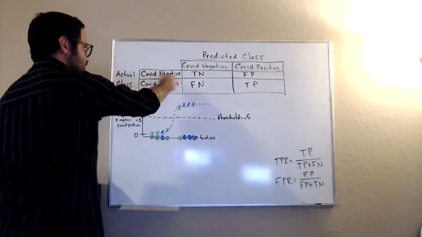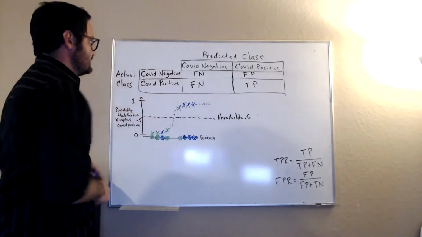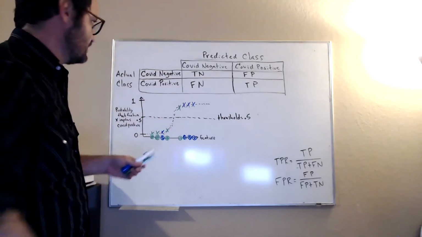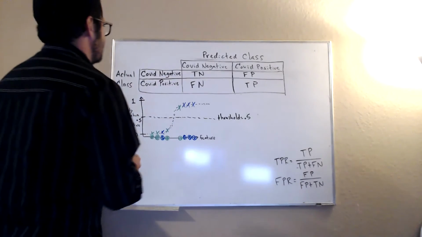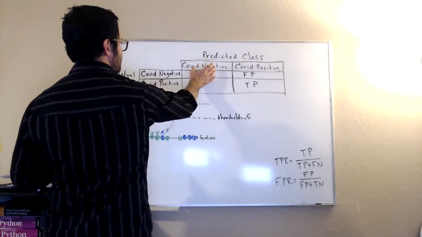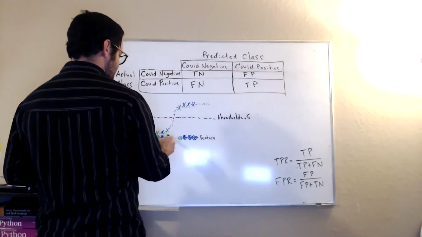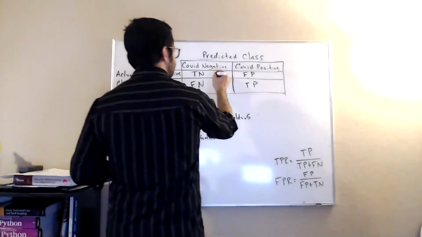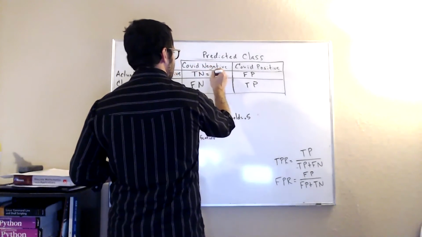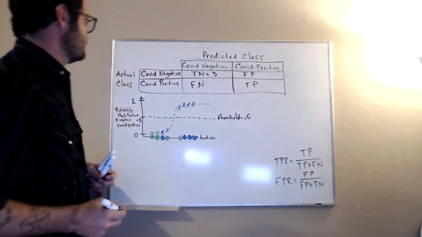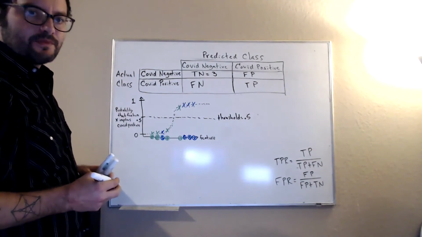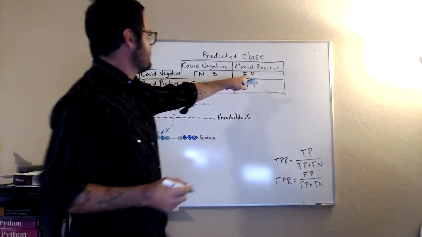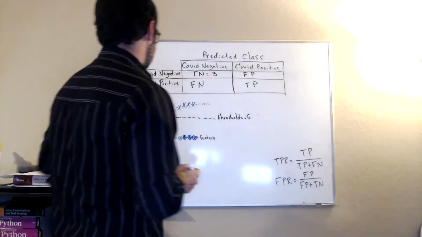So let's go ahead and fill in the confusion matrix for a threshold of 0.5. How many negatives did we predict that were negative? We would predict 1, 2, 3 there, so we predict 3 that are indeed negative. How many did we predict to be positive that were negative?